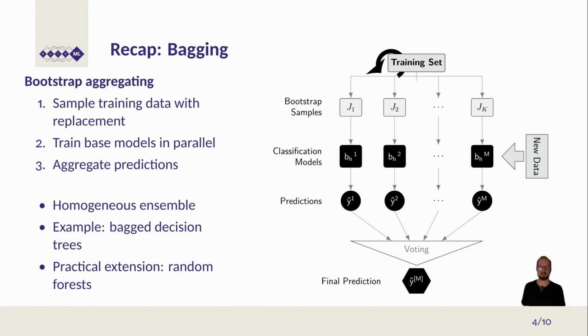This is an example of a so-called homogeneous ensemble, where we only use models from the same model family, and we induce differences in these models by actually changing the training data that the models are trained on. A famous example of this model class are bagged decision trees.